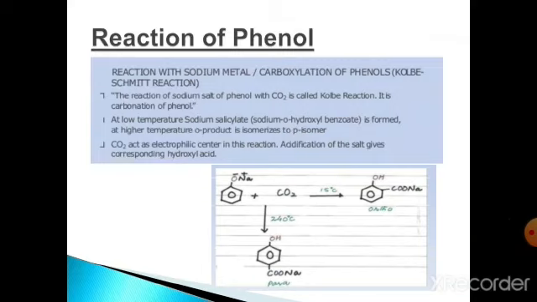Sodium phenoxide ion reacts with carbon dioxide. At 15 degrees centigrade, it is converted into ortho sodium salicylate, and at 240 degrees centigrade, it is converted into para sodium salicylate. It is also known as sodium hydroxybenzoate.